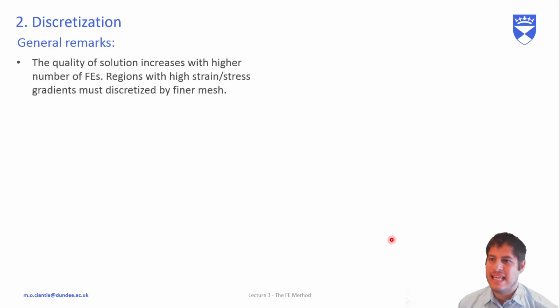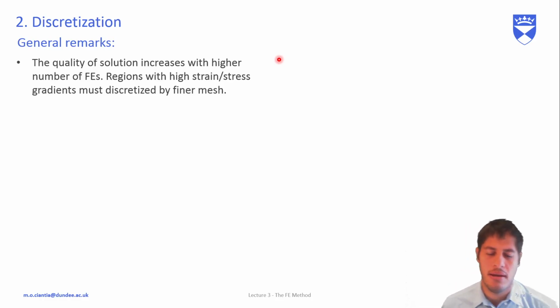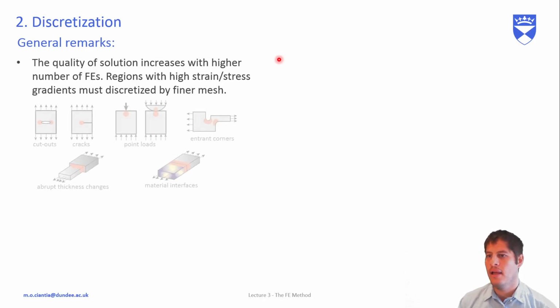First of all, we can say that the quality of the solution increases with the higher number of finite elements. Okay, so regions with high stress strain gradients should and must be discretized with a finer mesh, if we want the solution to be of high quality.